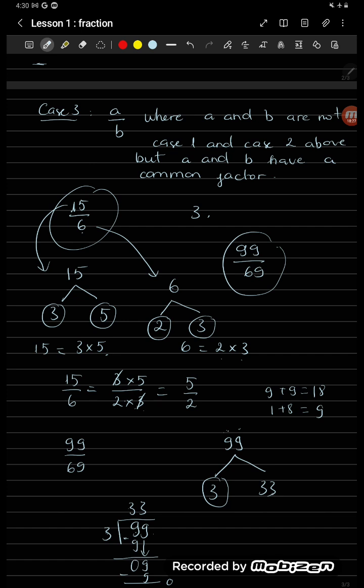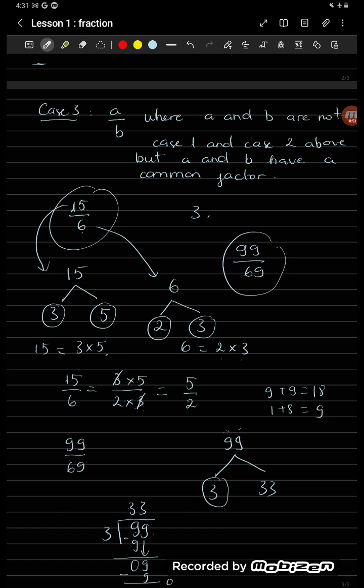Can we break down 33 equal to what times what? Okay, so 33, because the ending number is 3, it is an odd number. It's not an even number. So it cannot divide by 2. So the first prime number 2, we can ignore it.